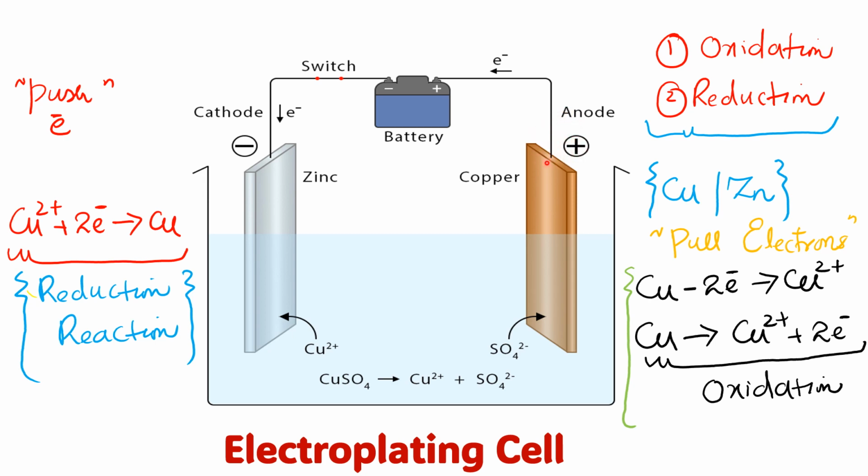The metal connected with the positive terminal acts like an anode. An anode has an ability to pull electrons toward itself. Due to this, the metal which we want to deposit will be ionized and converted into ions, and the ions are no longer part of the metal, they become a part of the solution.